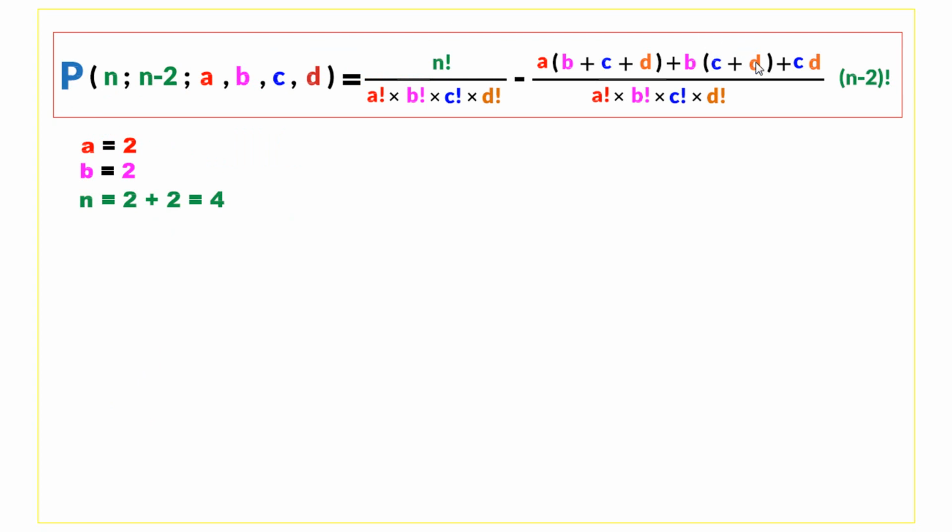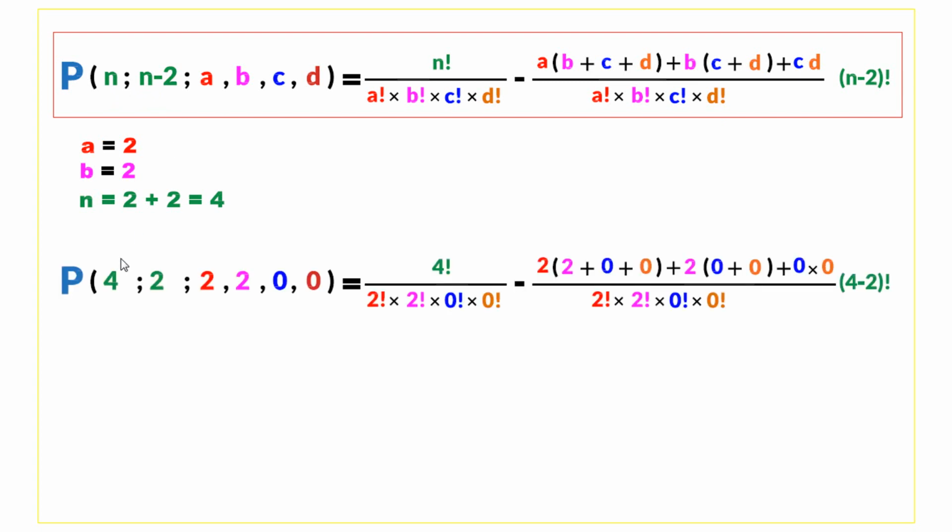So we substitute that in the permutation formula of n taken n minus 2 at a time, and we have permutation of 4 letters taken 4 minus 2 at a time, which is 2, without replacement for these identical items, and we realize that the last two identical items can be substituted by 0. So we get 6 minus 2, and that is equal to 4.